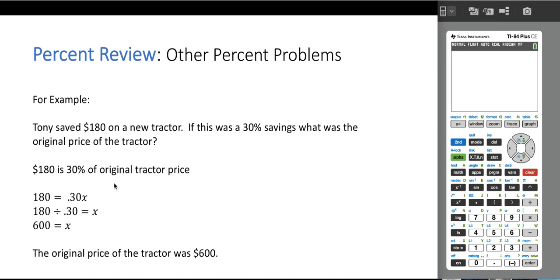That's what we're looking for, that original tractor price. So I'm setting up an equation here. 180 is equal to the percent written as a decimal times the variable that we're looking for. So 180 equals 0.30x. So we're going to divide both sides by 0.30. And so x is equal to 600. That means the original price of the tractor was $600.